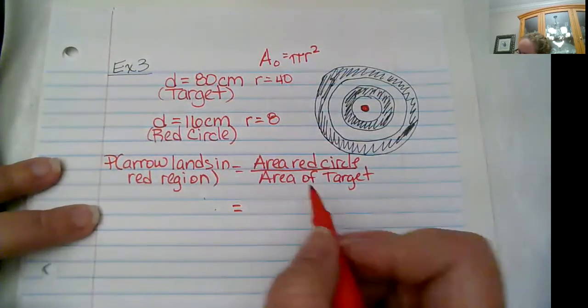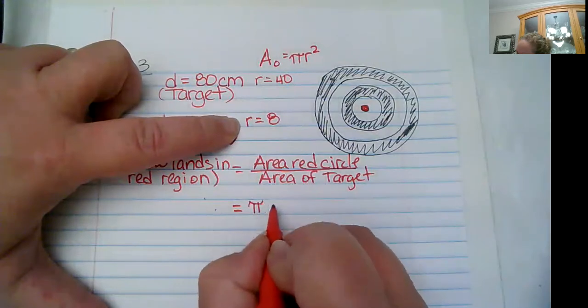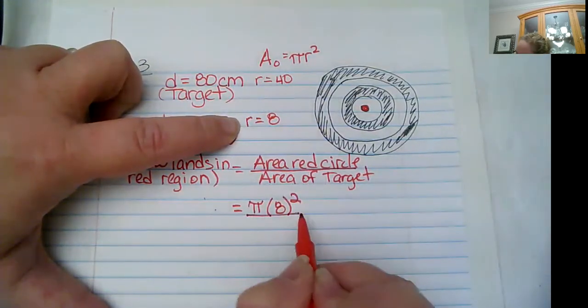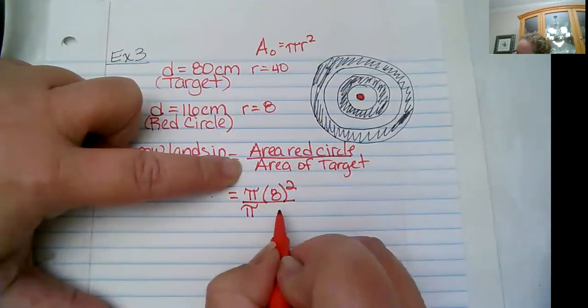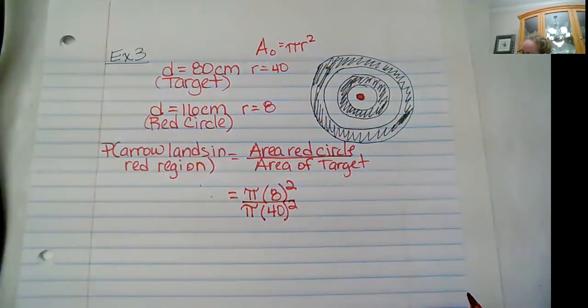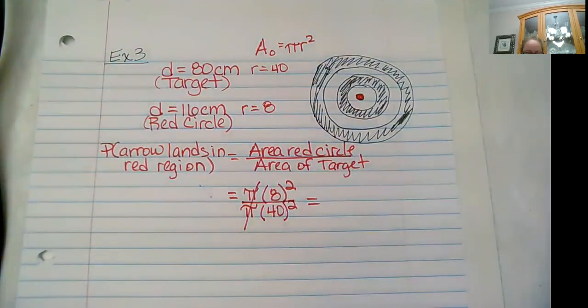So now we can plug it in. So the area of the red circle, which is this one, pi r squared, over the area of the target, which is pi r squared. Well, the pi's cancel, and we're left with that. And now we're going to divide.